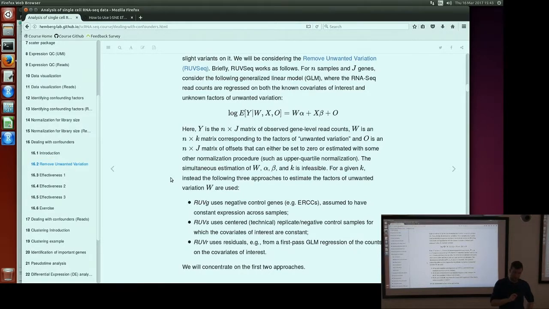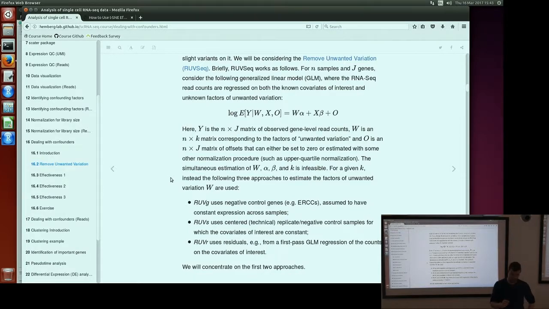RUVs instead uses replicates, so replicate samples, where we say the covariates of interest are constant between these samples, and we'll use that to define our replicate or negative control samples as the basis for batch effects. I'll explain with some examples what that means further down to clarify that.